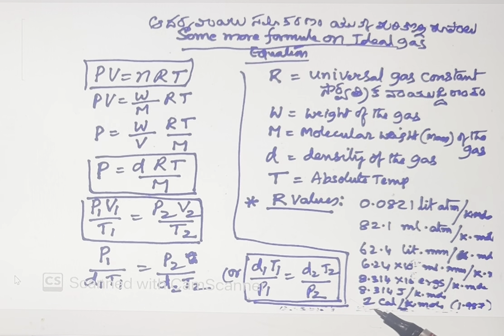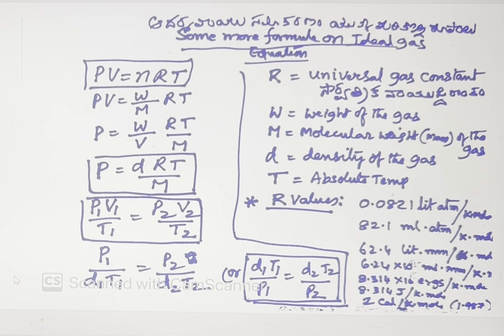Sometimes you can use calories, 2 calories per Kelvin mole, but the exact value is 1.987 calories per Kelvin mole; it is rounded off to 2. So, R has only one value, but it seems to have several values when considering their units.